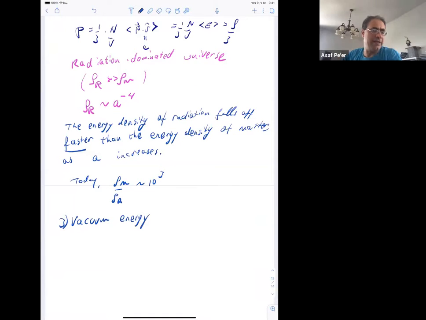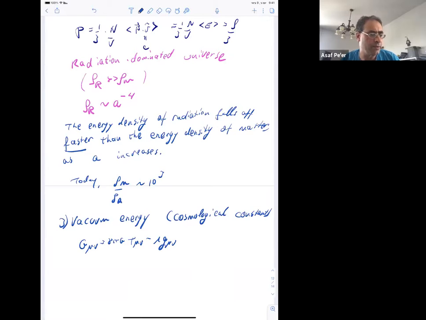Okay, now I'll just say it because we ran out of time, and I want to spend more time on that than we do now. That's the addition of the cosmological constant. We wrote down Einstein's equation, G mu nu equals 8 pi G T mu nu minus lambda g mu nu.